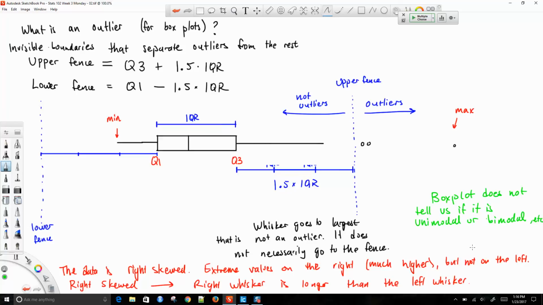If the median is closer to one side than the other, all it just means is that we can kind of split our data into 4 zones, and we can say, 25% is below Q1, 25% is between Q1 and the median, 25% is between the median and Q3, and 25% is larger than Q3. That's all that it really says, okay?